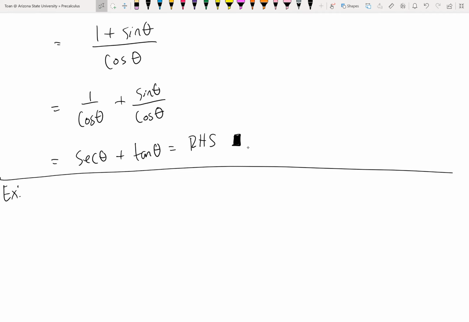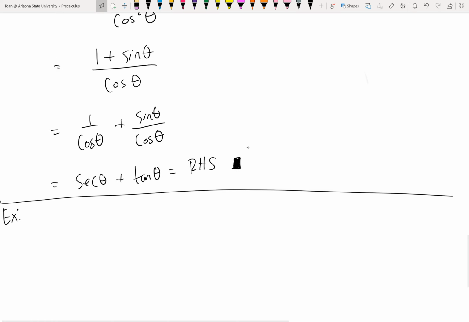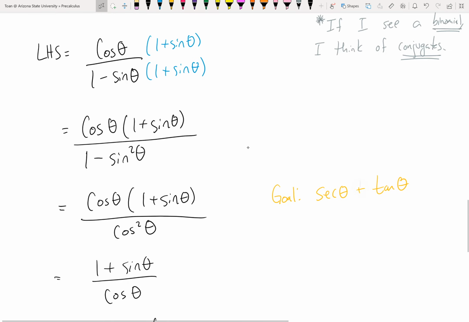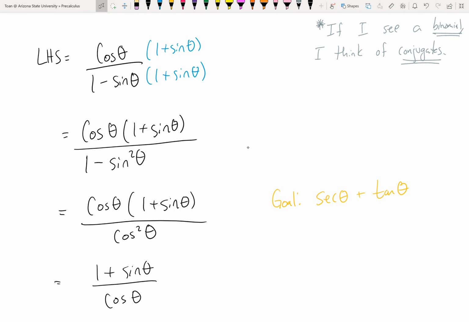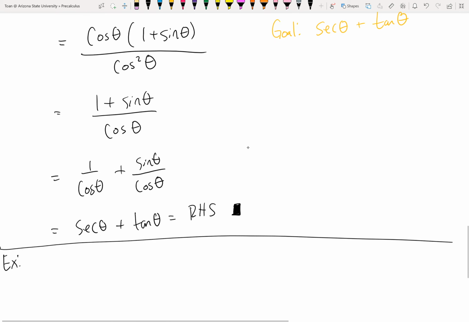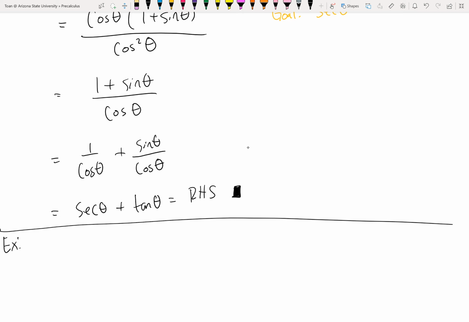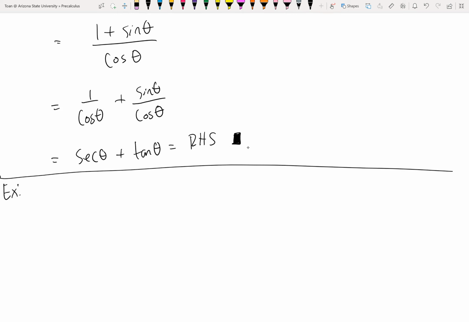The last example I picked is just to show you a different method. Typically, stereotypically, all of these problems should flow from one side to the other. So notice in all the previous examples, I started with one side, made one giant chain, and ended up with the other side. If it helps you, right?